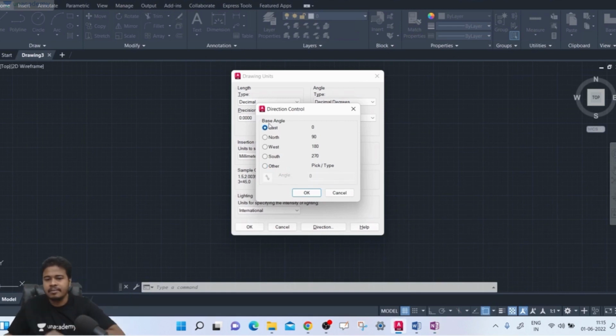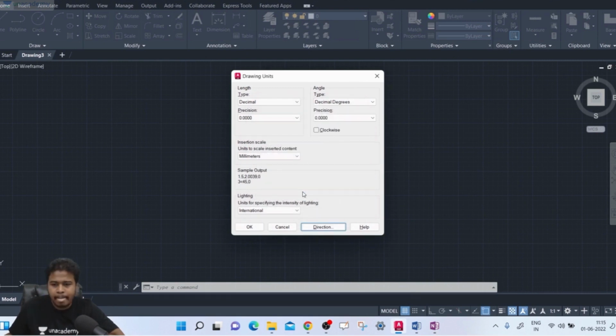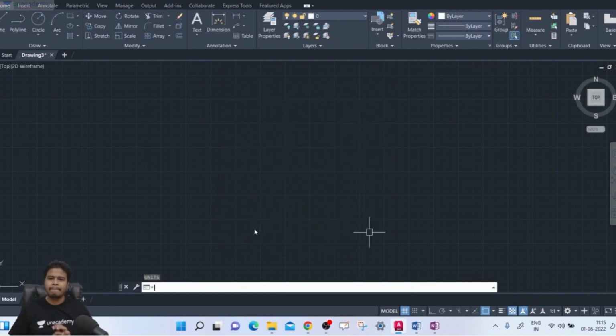Just left click onto that east and okay. By default, it will take that east line, that is the 0 degree line, as my base angle line. After all this, we have some other options as well that we will see later. Okay, so left click on OK, the units are done.